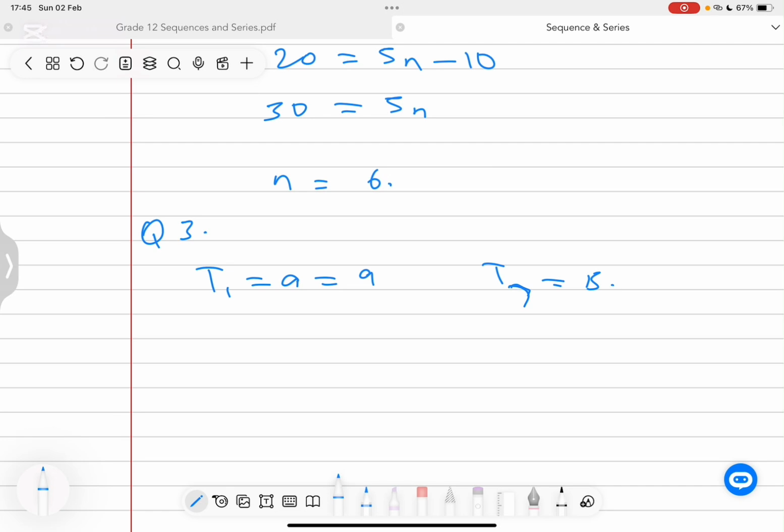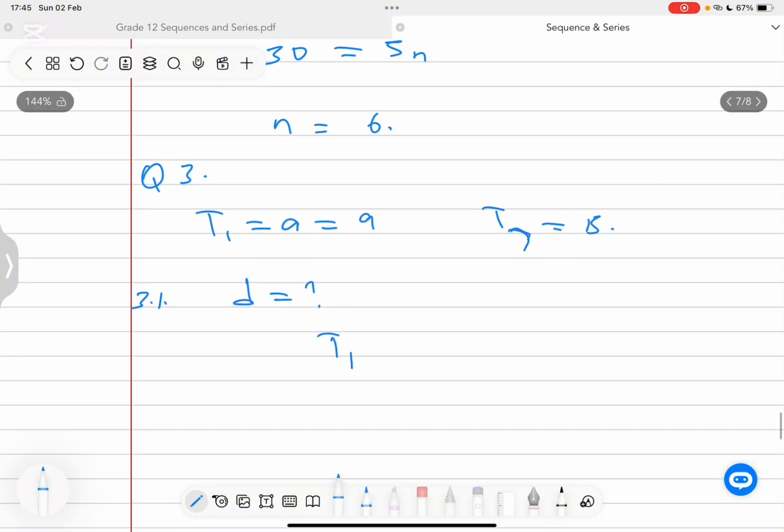So this means I can take the information that I have and construct equations to be able to find the d. So here I'll say that t1 is equal to a is equal to 9, and I can call this equation 1.